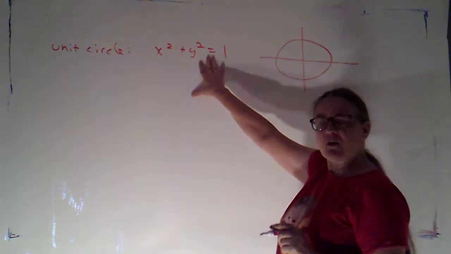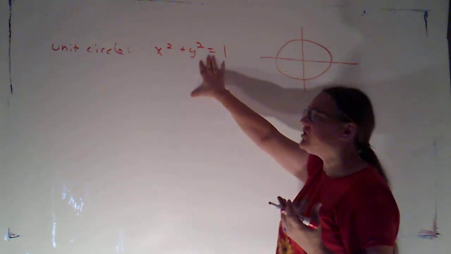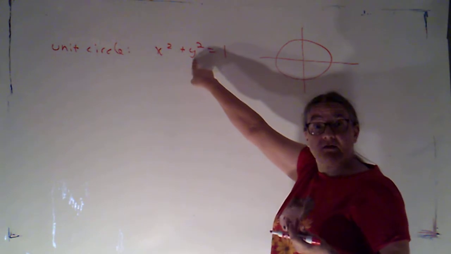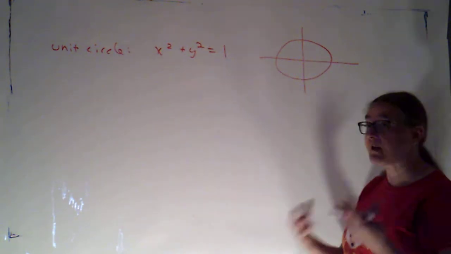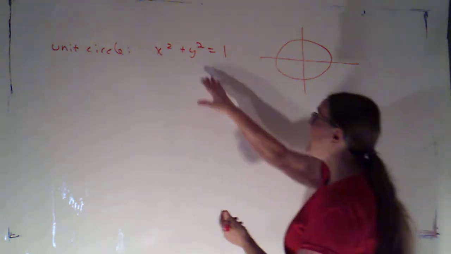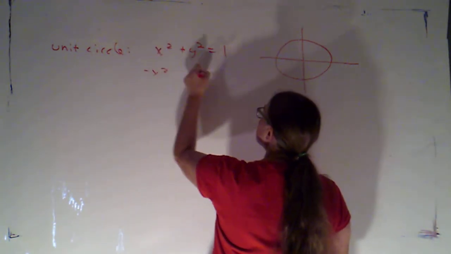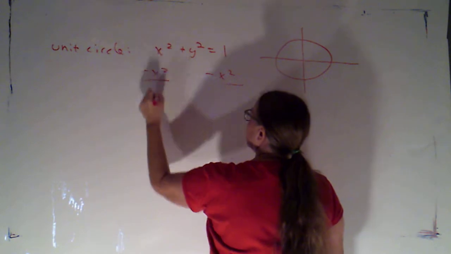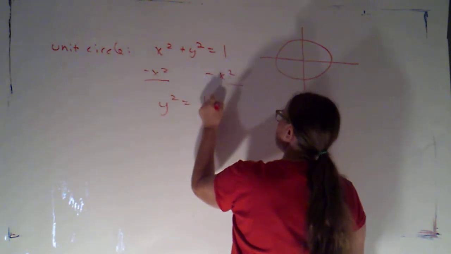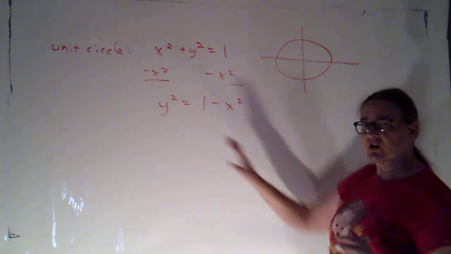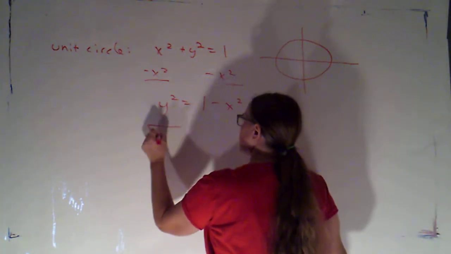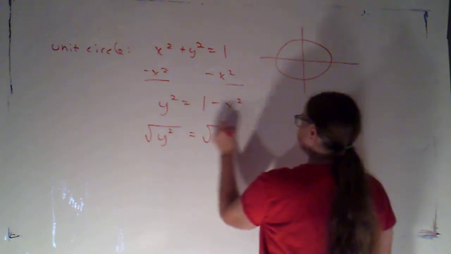If we were given an equation and we wanted to see if we could get a function, we would see if we could solve for y. And if we got a unique formula for y, then we knew that we had a function. So if I were to try to solve for y, y squared is equal to 1 minus x squared. In order to get to just y, I would try taking the square root of both sides.